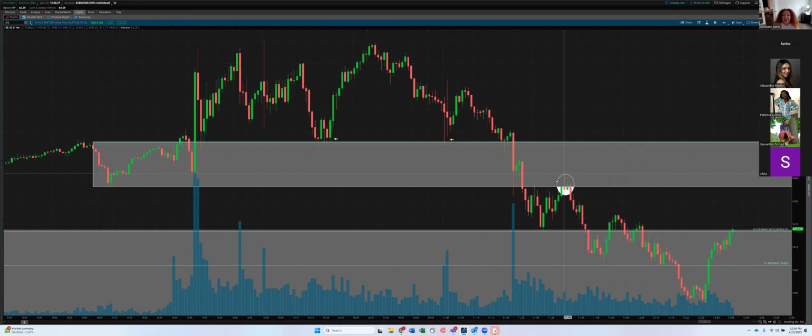And so you can play a retest off of the zone down to the next one. So this is just something else that you can do if you don't see any particular zone to play, or if a zone that you were interested in, if price is moving crazy and it just breaks through, you can play the retest of that zone for a continuation down. Does that kind of make sense?